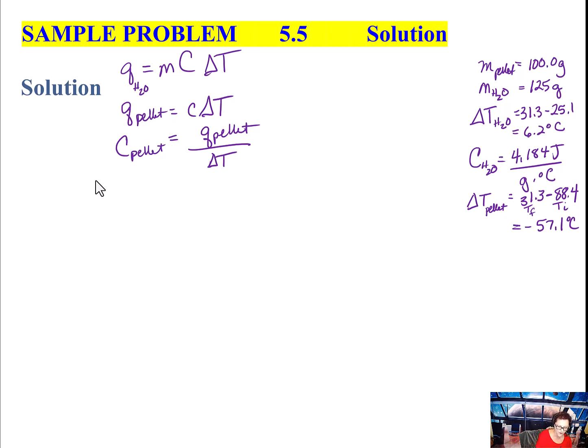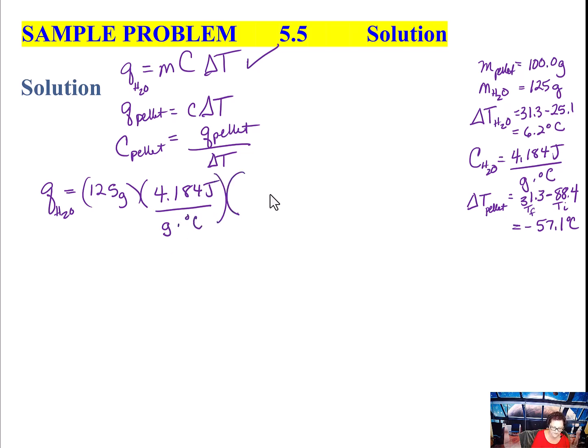Okay, so the first thing I'm going to do is use this. Q is equal to the mass, which is 125 grams, and this is water, times 4.184 joules, our old buddy, per gram degrees C, times delta T, which we said was 6.2 degrees C for the water.